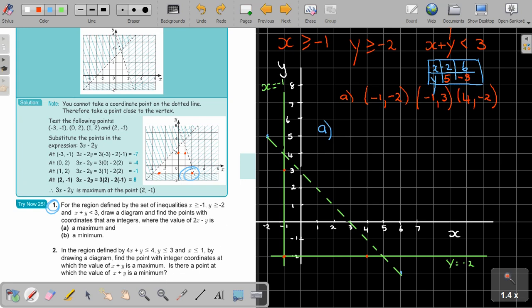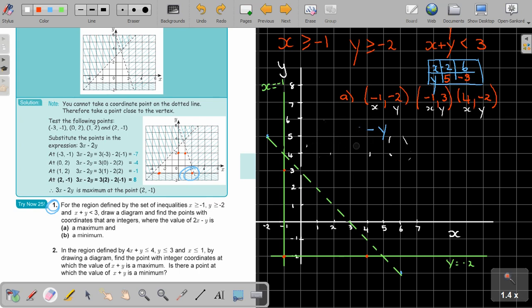If I do the test, I'm going to take the expression. What is the expression? It's going to be 2x minus y. So let's first substitute all points, remembering x, y. It's not good to write in your graph, so let's not do it.